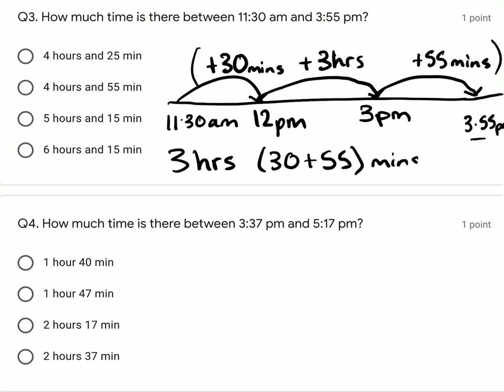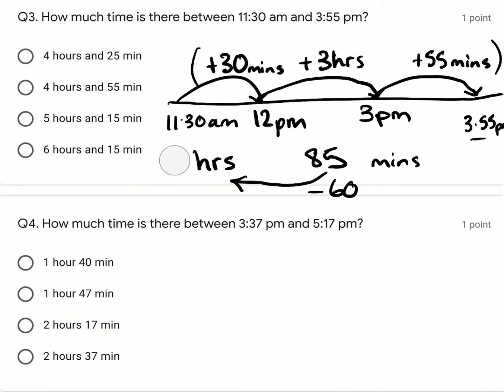So 30 plus 55, well, that's 85 minutes. Now, 85 minutes, already we know we're going to have to change that. We're going to have to take an hour out of that. So there's 60 minutes in an hour, so we know we've got at least 1 hour here. So let's take 60 minutes from that 85 minutes and add it to the hours instead and say that we've got an extra hour now.